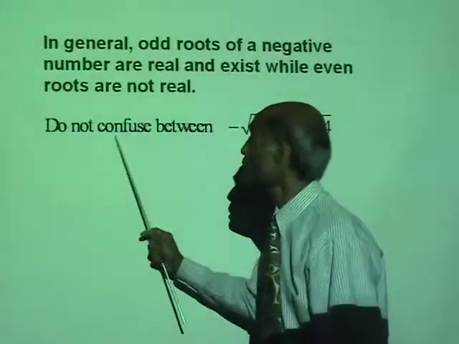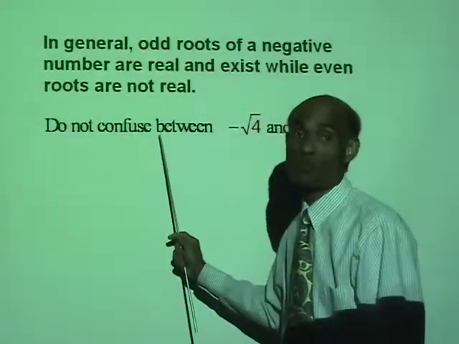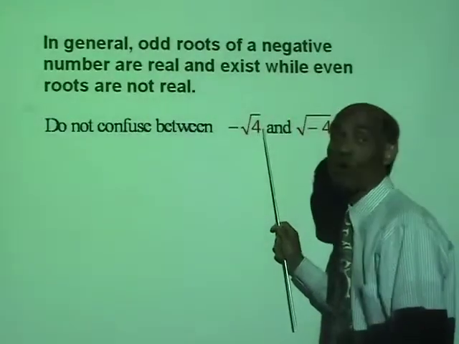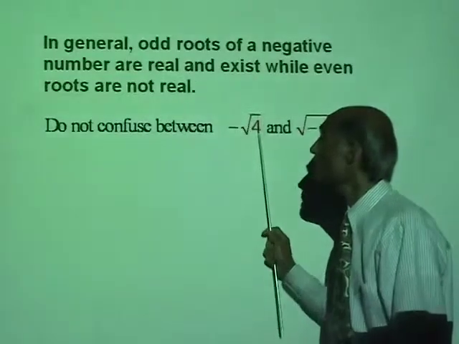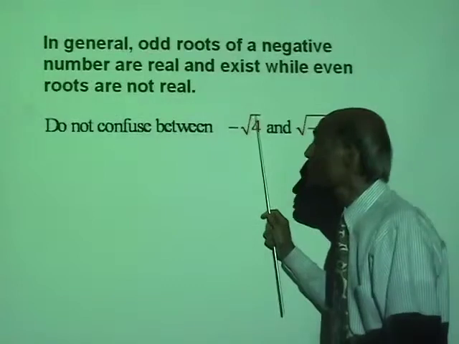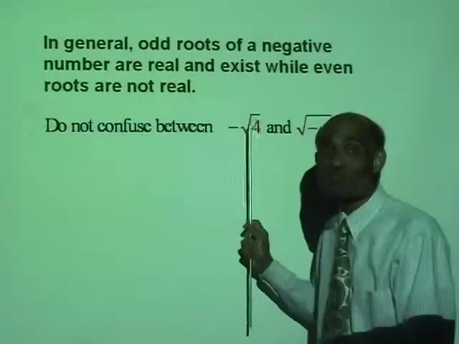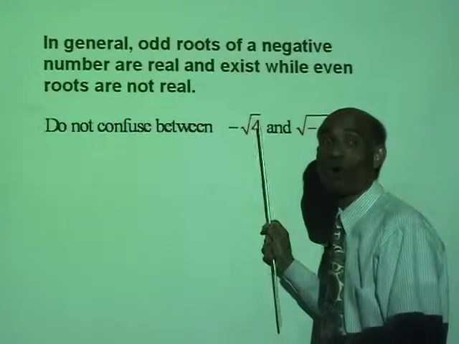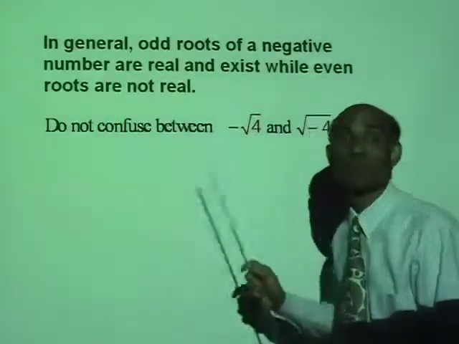Now, do not confuse between, I want you to watch this carefully, negative square root of 4. Now, is this real? Yes, because the number here is square root of 4. Square root of 4 is real. Negative square root 4 is negative 2.